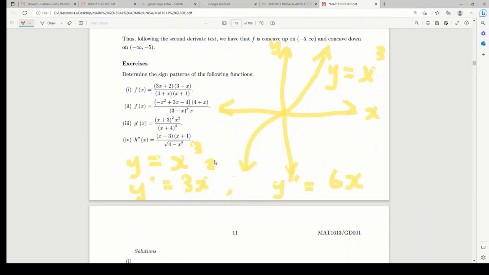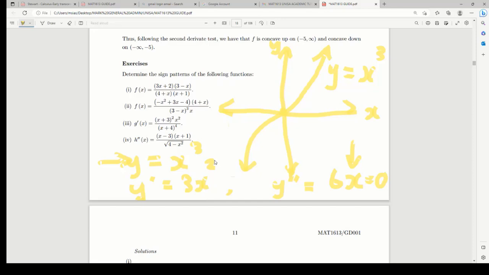If you put the second derivative equal to 0, 6x equal to 0 implies that x is equal to 0. And if you substitute x equal to 0 back into the original function, then y is equal to 0. So when x is 0, y is 0, the origin is the point of inflection.